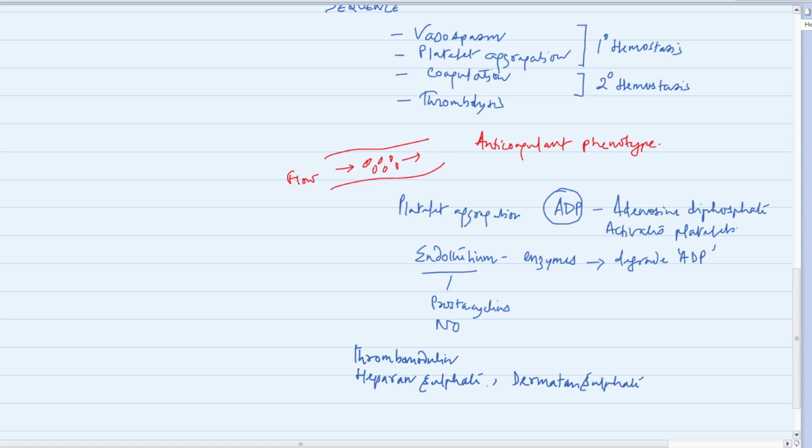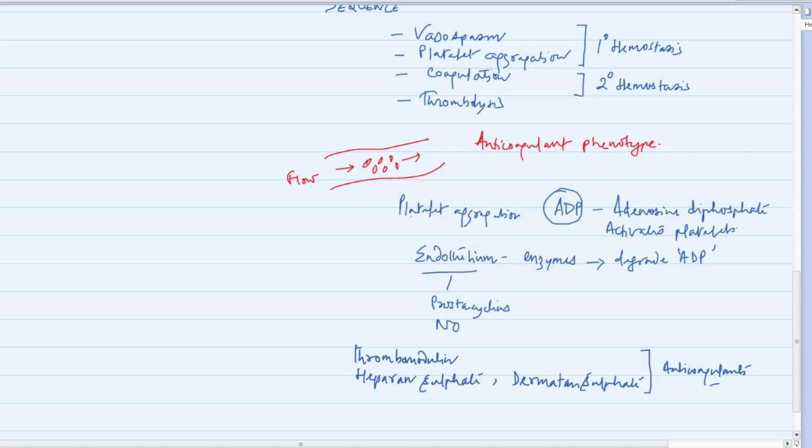So these components are basically anticoagulants. They enhance the activity of the circulating anticoagulants.